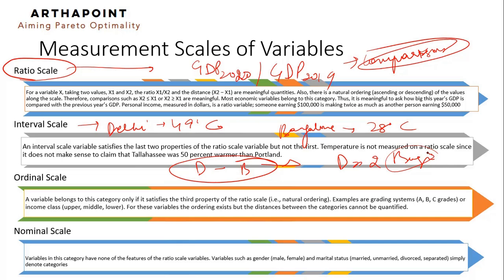That is interval scale. The third scale is ordinal scale. Ordinal scale is where, and by the way, I referred to this in our micro lecture also, ordinality is a concept which is hugely used in the utility concepts.